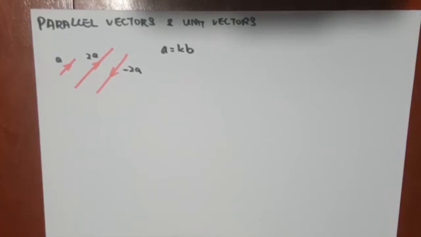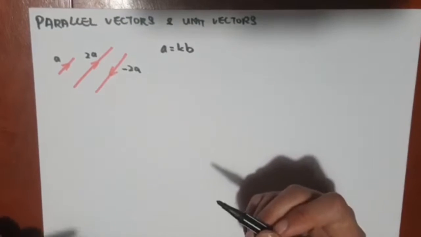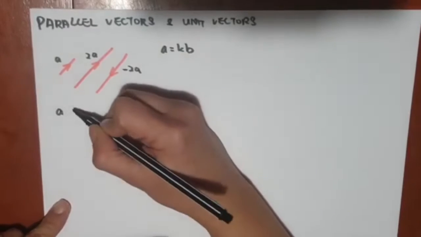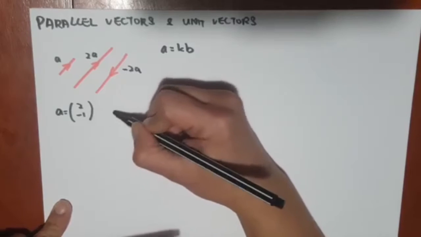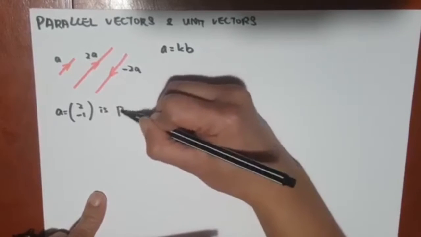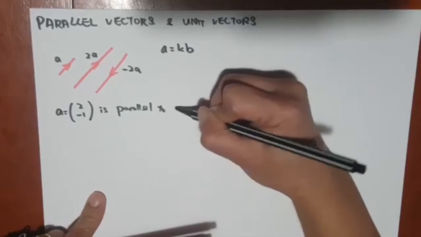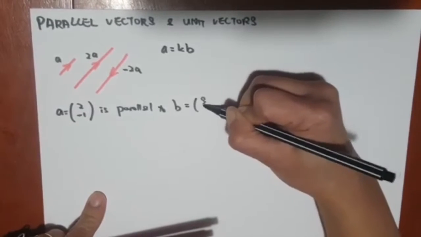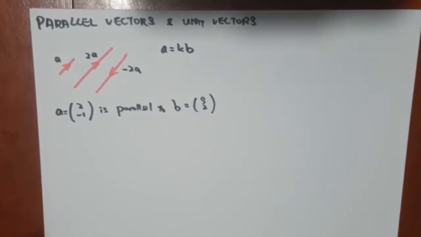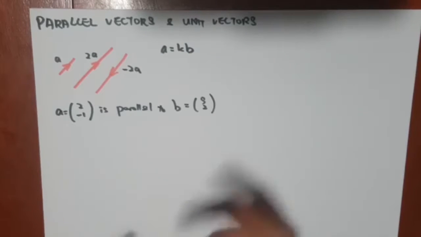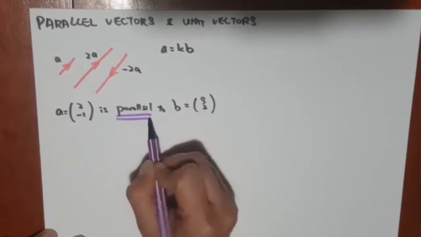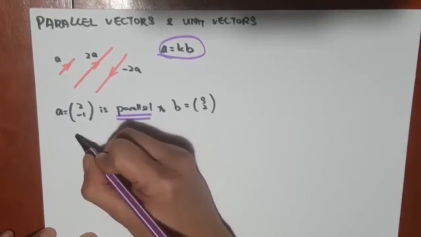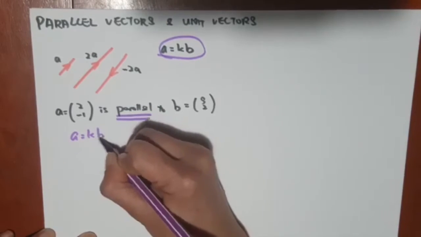So that's okay. For example, if we have a question like: vector A is (2, negative 1), and vector A is parallel to vector B, which is (S, 2), find the value of S. So we are trying to get what is S. We know that if 2 vectors are parallel, they have an equation in the form of A equals KB.